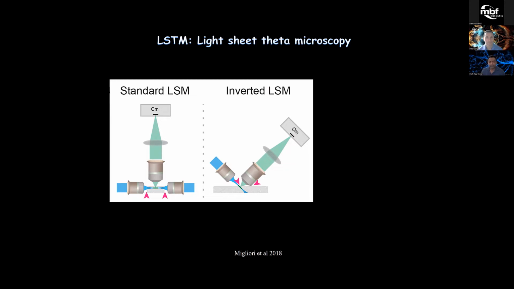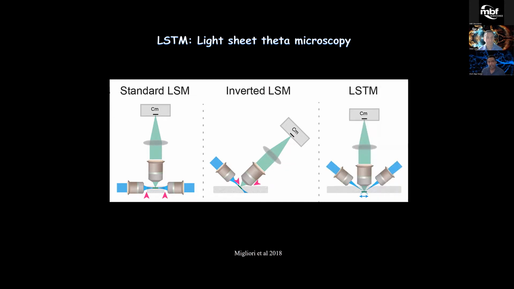So we have been exploring an alternative idea while still maintaining detection quality. We want to be able to detect perpendicular to the sample surface, right? So we developed this idea that we generate a thin sheet of light, and instead of coming at 90 degrees as in the standard configuration, we come at an angle which is less than 90 degrees, and that's why we called it light sheet theta microscopy, just to highlight that it's less than a 90 degree angle.